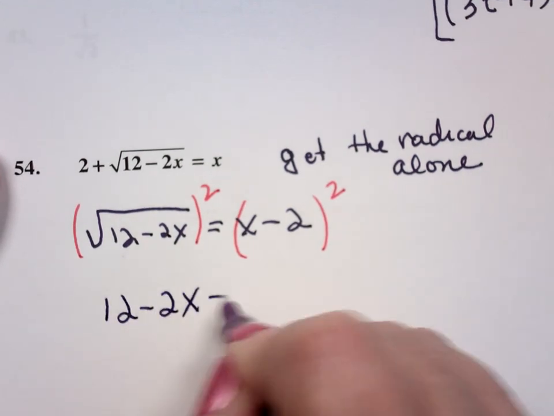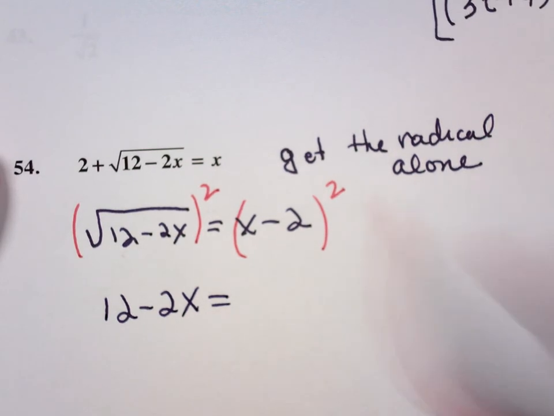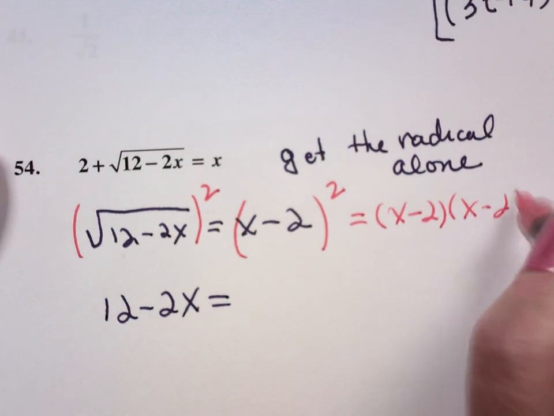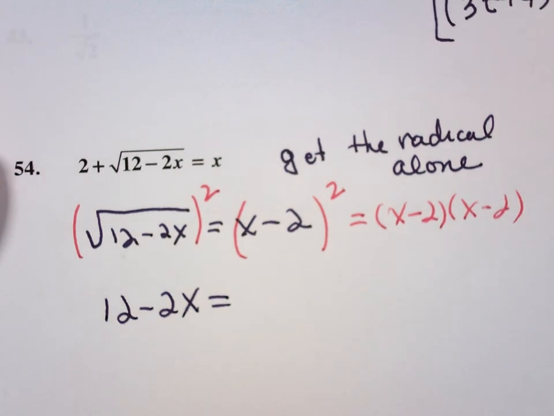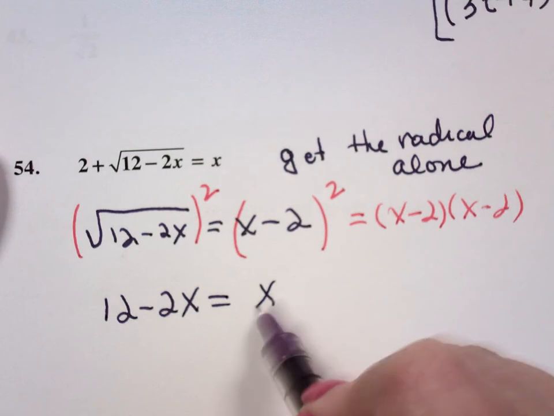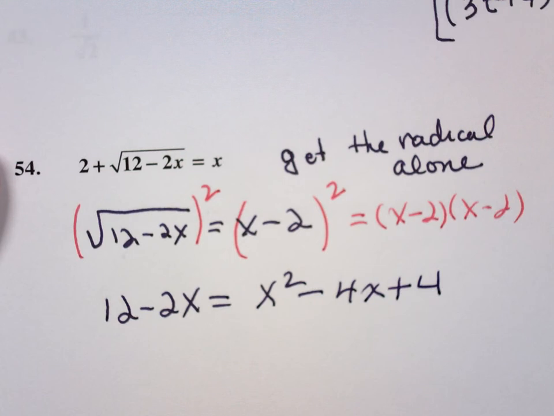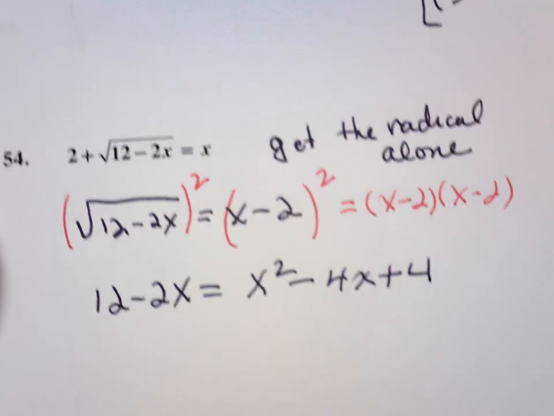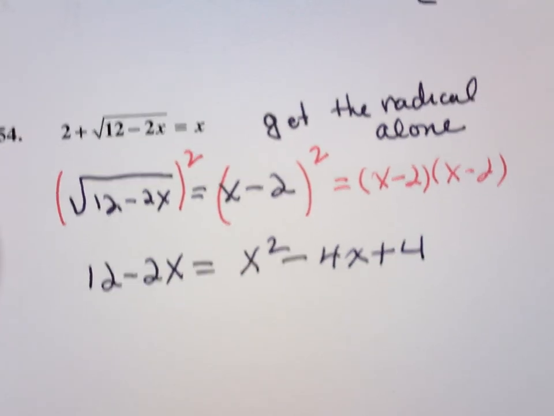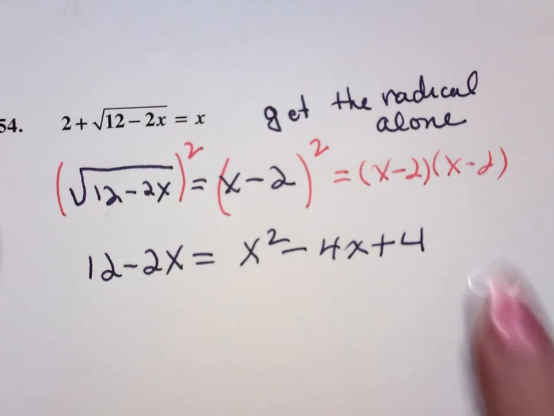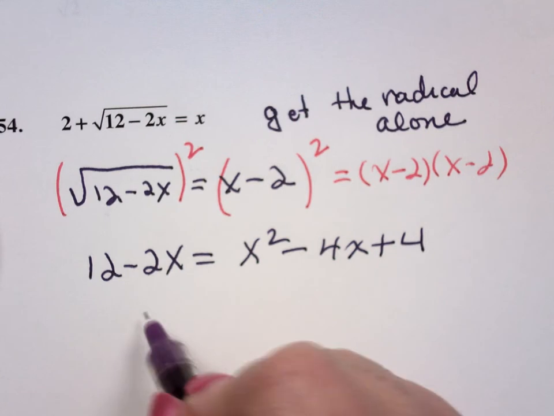Now, this is really x minus 2 times x minus 2. So this is x squared minus 4x plus 4. I have a quadratic. So quadratics, we want to bring everything to one side, 0 on the other. Since x squared is positive on this side, I'm going to move everything to the right-hand side.